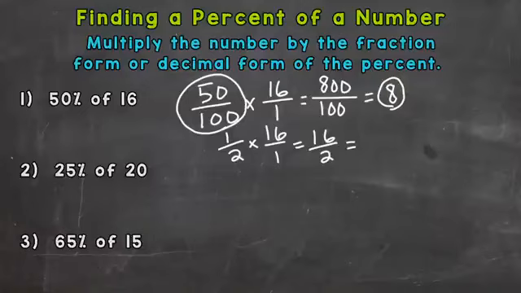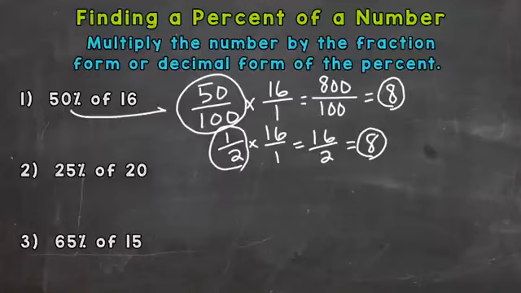So we get to 16 divided by 2, and we get the same answer of 8. So again, you can use the simplified version of the fractional form of the percent. So again, what we did, we multiplied the fractional form of 50% by 16.